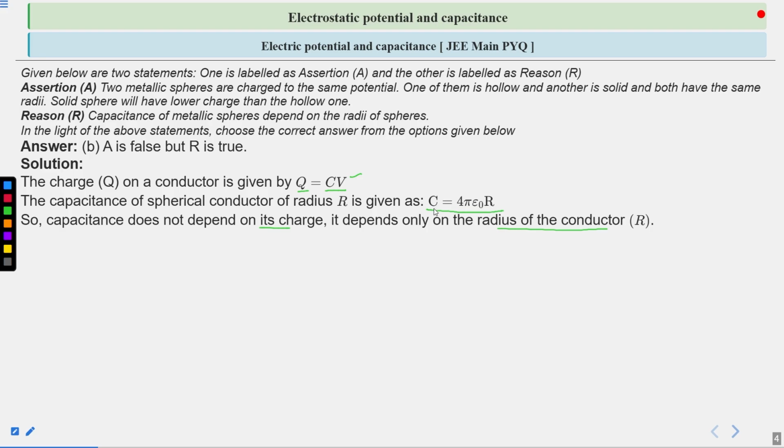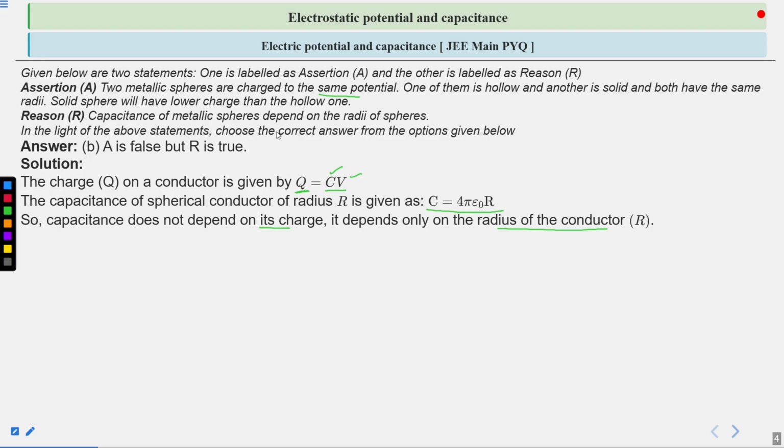It means that both the spheres will have the same capacitance, because capacitance depends on radii only. So if the radii are the same, the capacitance of both spheres is the same and the potential is the same, as given. So the charge on both the spheres should be the same according to this, so Q should be same.